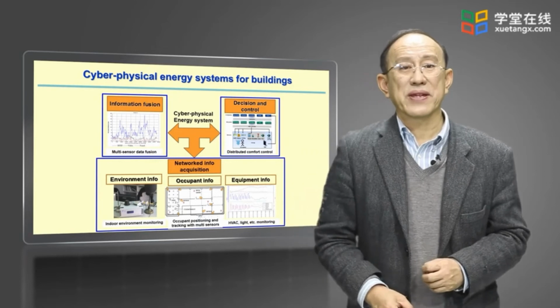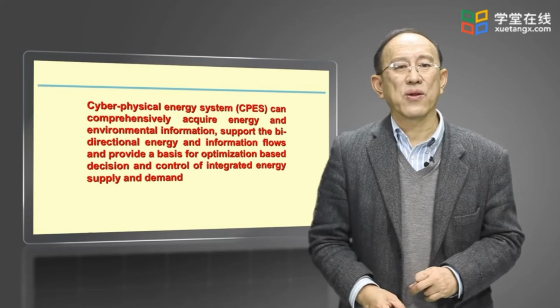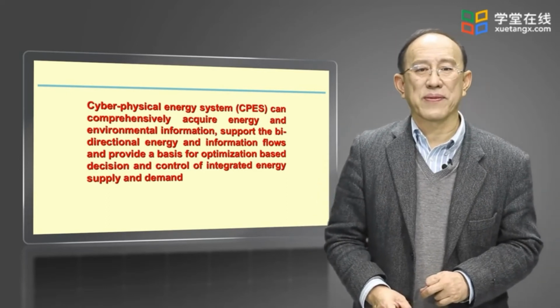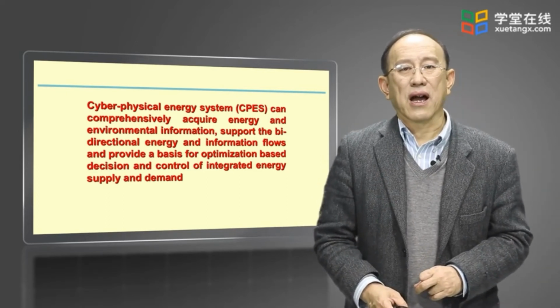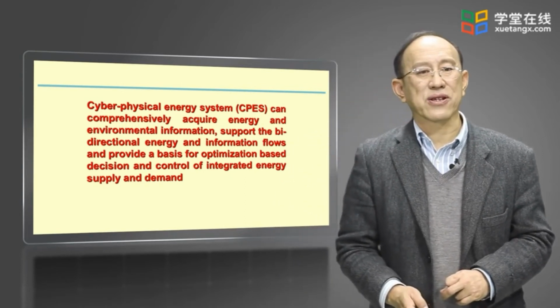So the cyber-physical energy system can comprehensively acquire energy and environmental information, supports bi-directional energy and information flow, and provides a basis for optimization-based decisions and control of integrated energy supply and demand. So the cyber-physical energy system is a key technology we can use in the future.